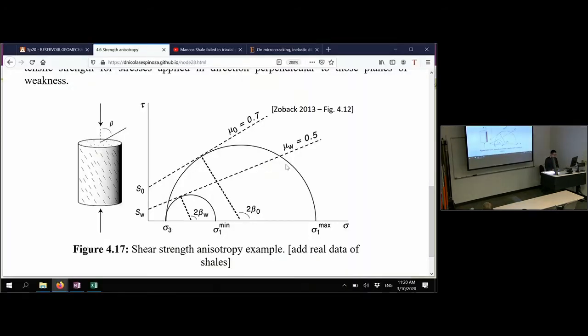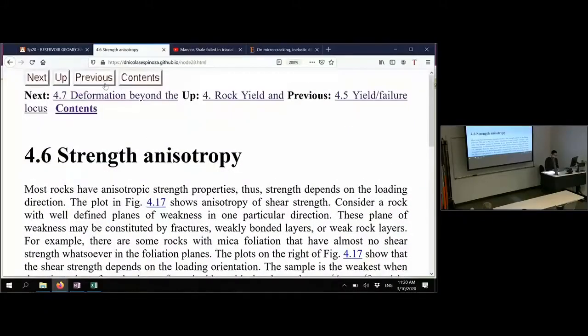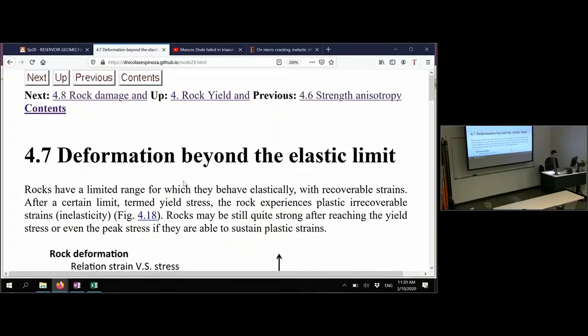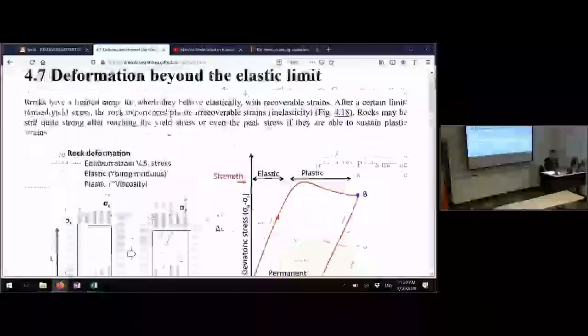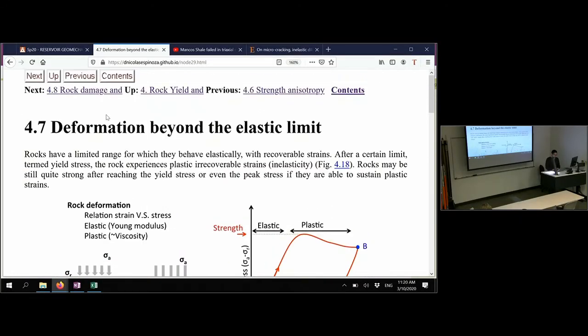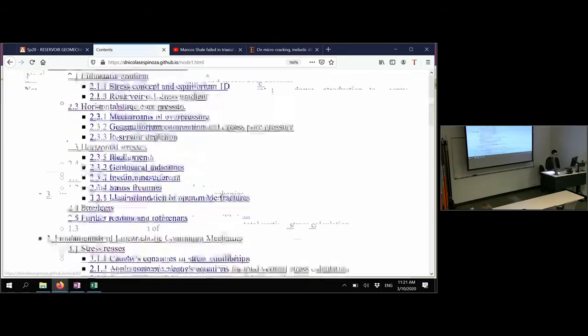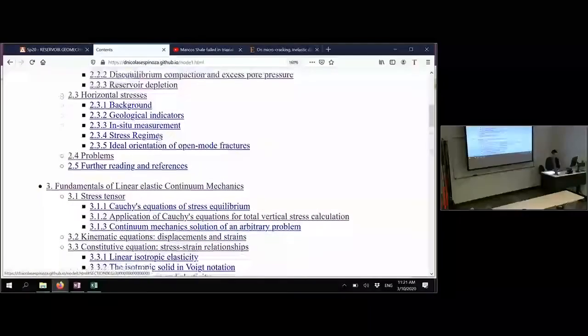All right, so let's go to the next topic now. And the next topic is about what happens after we get through the elastic limit. So let me come back. Over here.